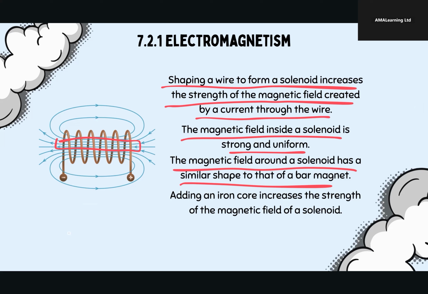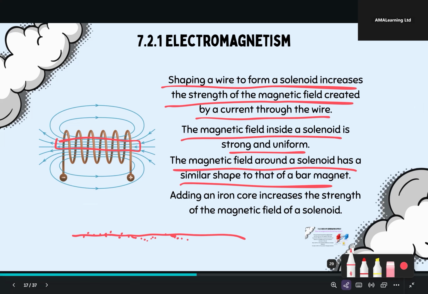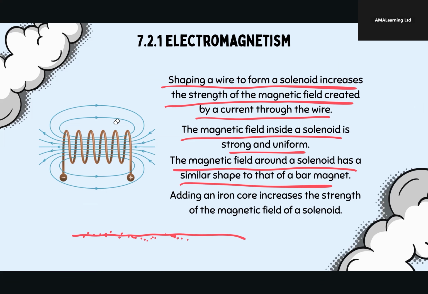That's because if you just have current passing through a straight wire, it creates a magnetic field, but it's actually quite weak and it spreads out. So the magnetic field dissipates in a sense. But when you coil the wire up, this happens. As you can see in the picture, the magnetic field becomes stronger and more focused because now the strongest part of the magnetic field is within the coils.